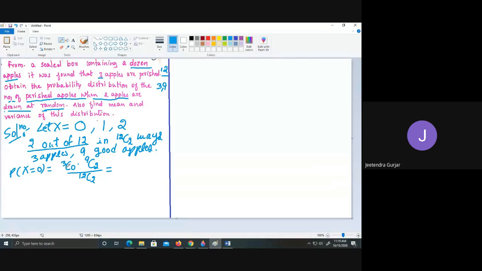So what will be 3C0? It is 1. 1 into 9C2. 9C2, if you put it in the calculator, you will get the value directly. I already told everyone to have the calculator. So what will be 9C0?